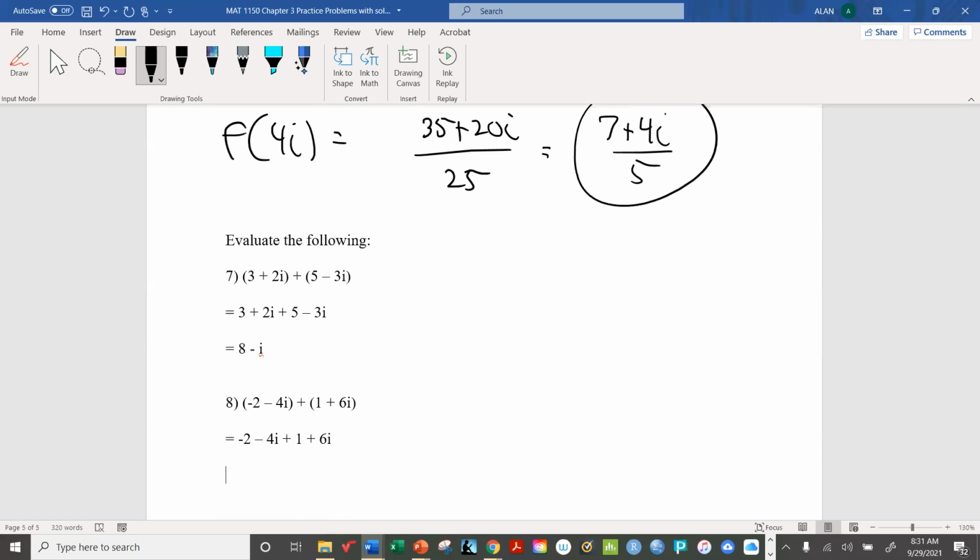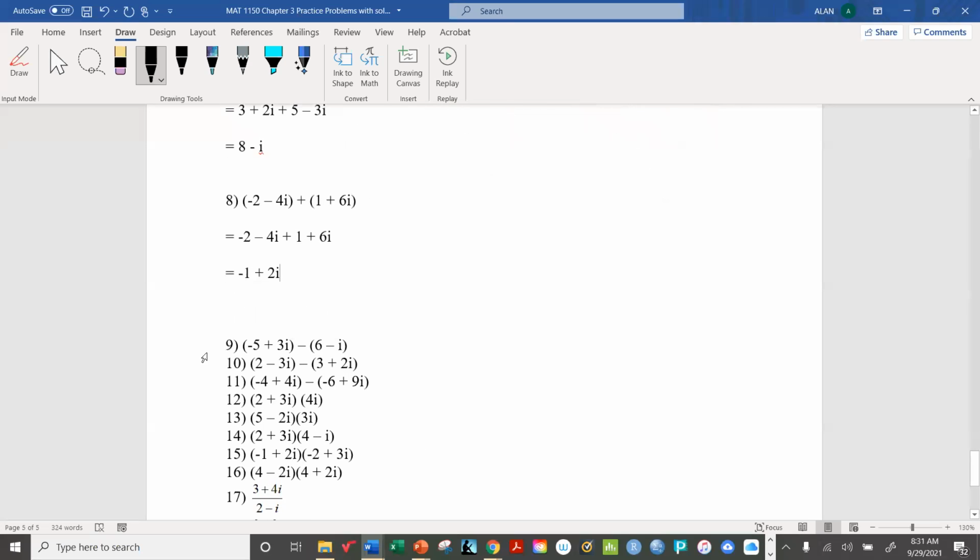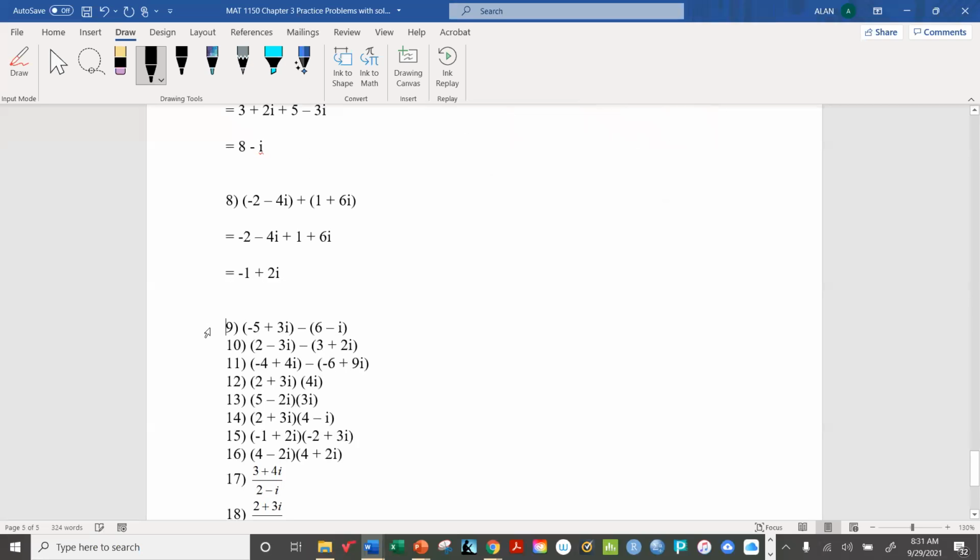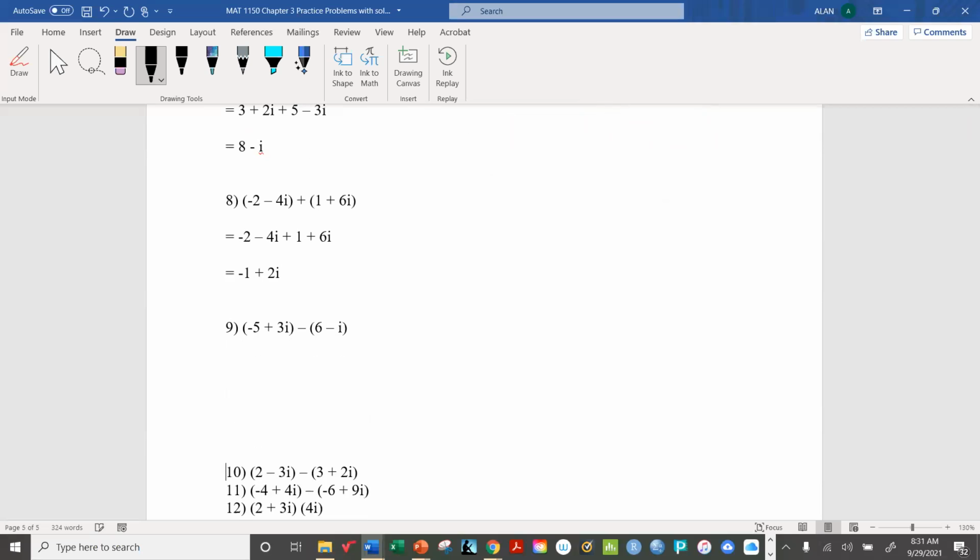So we end up with minus 1 plus 2i. All right. Wow, look at this one. They're so easy. Oh, but here we've got to watch it because we have to distribute that pesky negative sign across both of these terms.